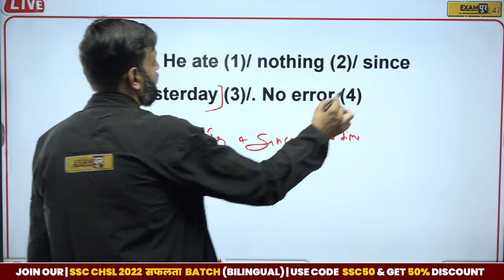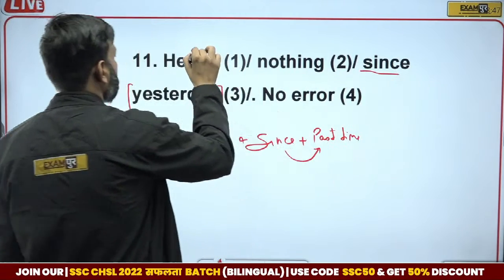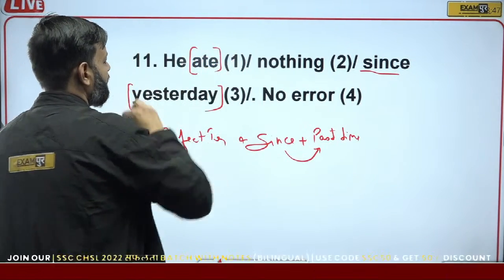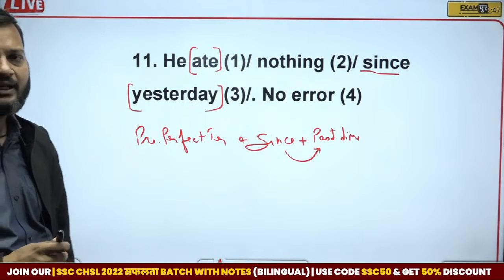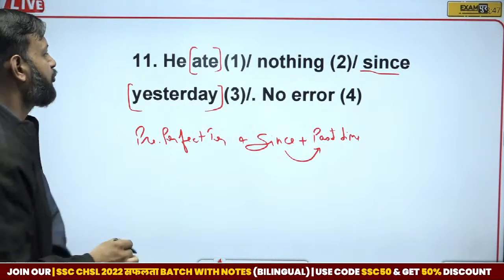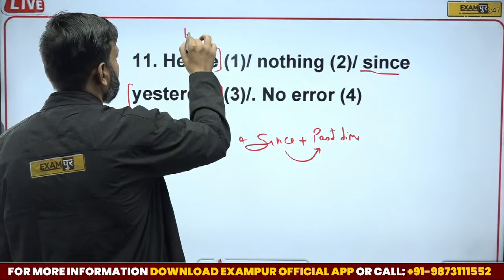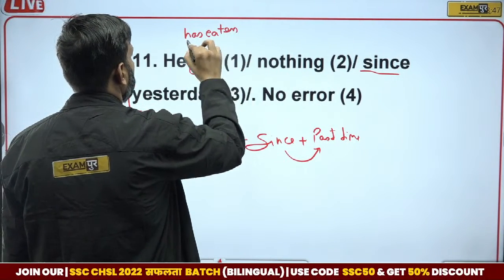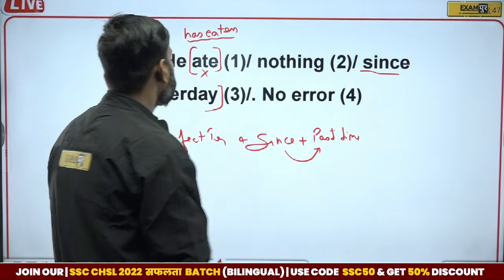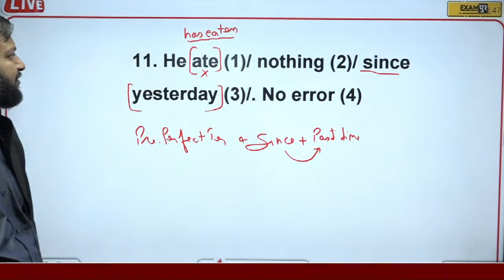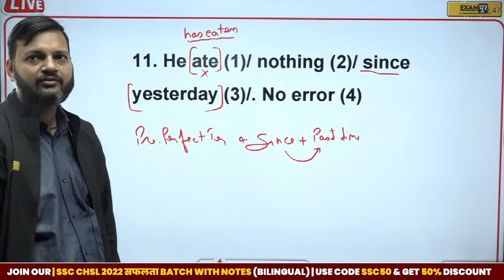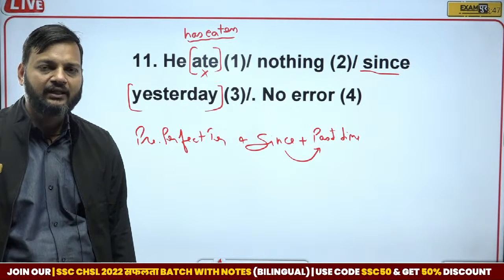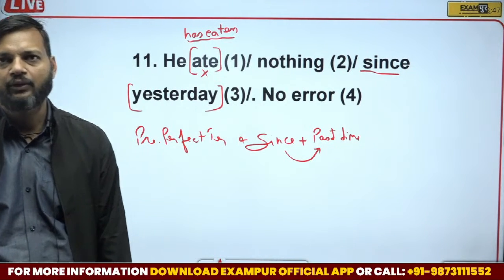But here, before since, the tense is past indefinite, and we need to change past indefinite into present perfect. So ate will be replaced by has eaten. He has eaten nothing since yesterday.